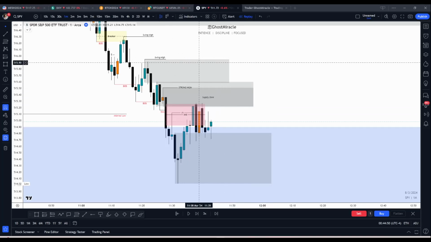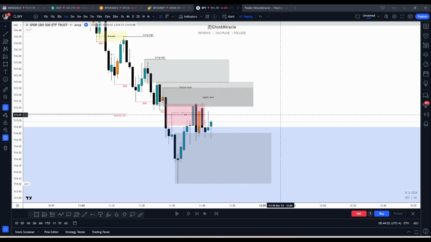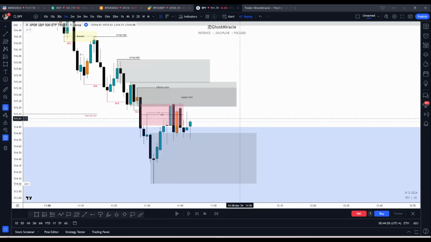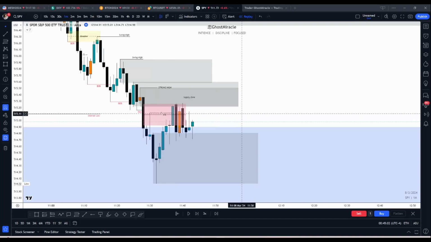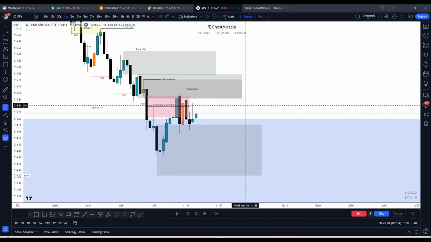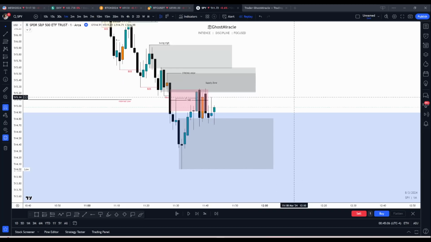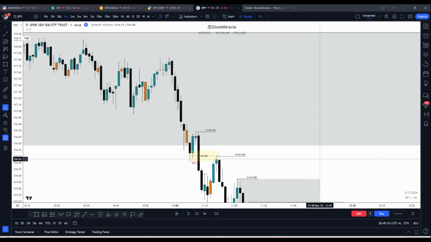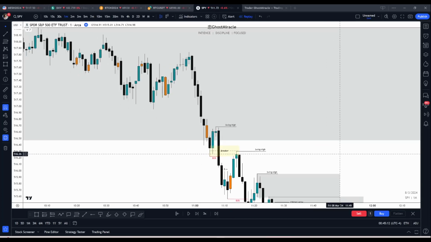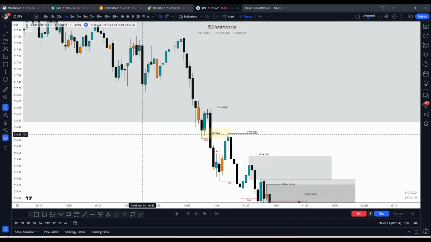Yeah, it might imbalance fill, but without a mitigation of your supply and demand zone, 9 times out of 10, and Kobe touched on that a bit in the videos that I showed you, which was my aha moment, right? So what he was saying in the videos, let me see if I can find an example.